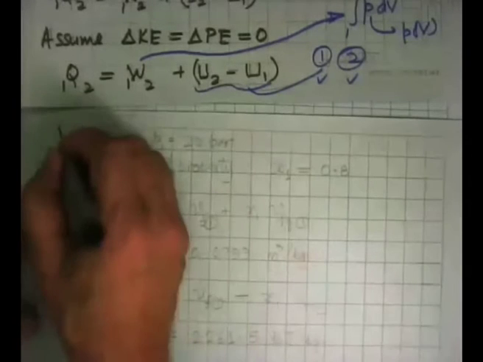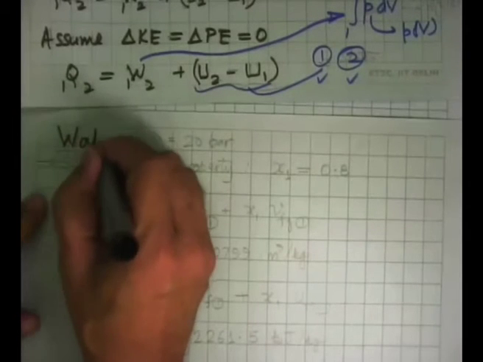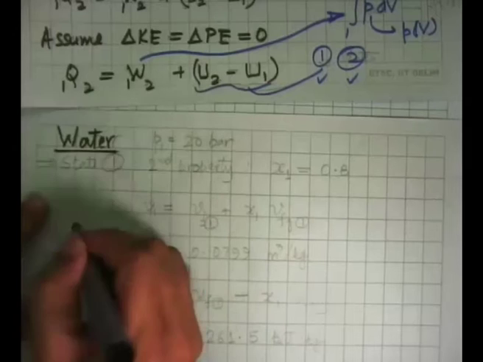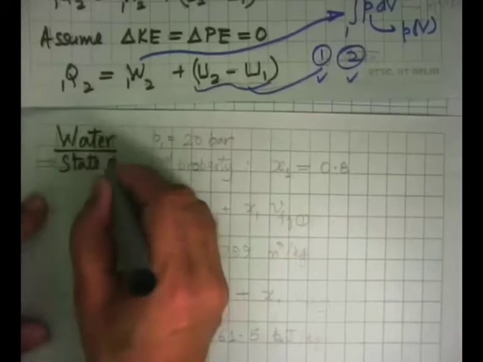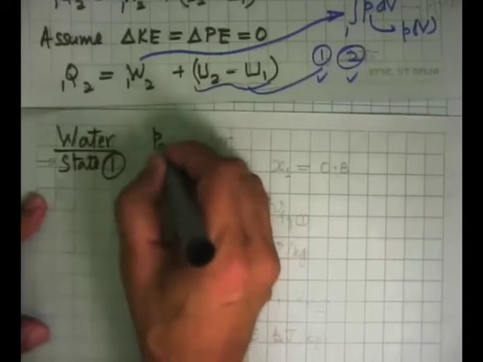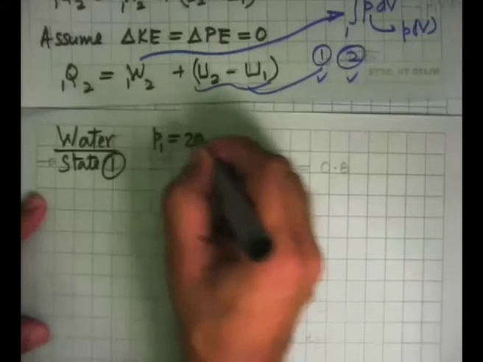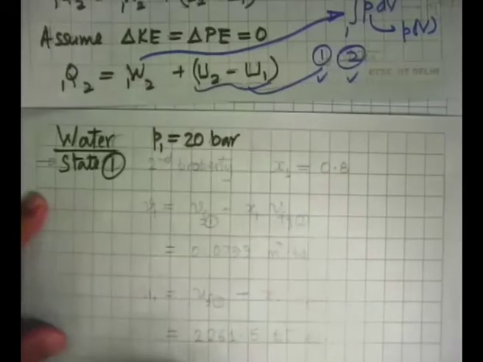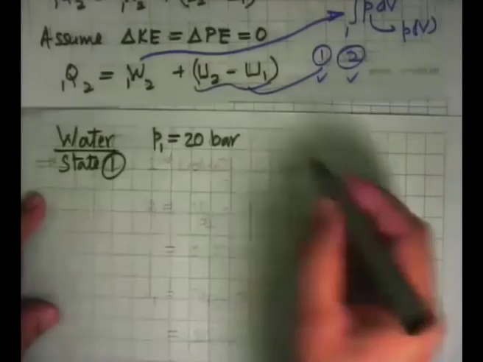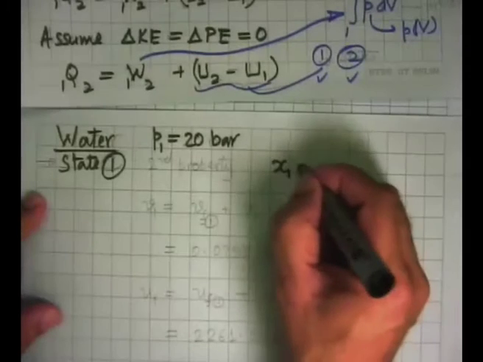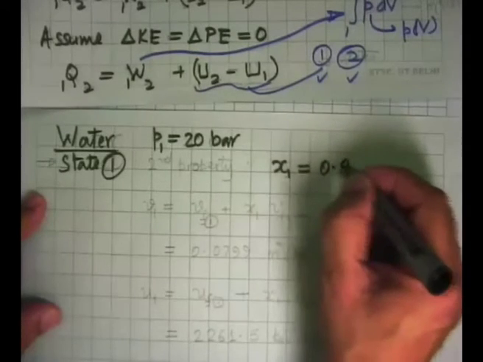And now we'll solve the problem assuming that water is the working substance. For state 1, we have been given that pressure is 20 bar, so P1 becomes 20 bar. We need a second property, and let's say that the second property given to us is that the quality of water in that is 0.8.